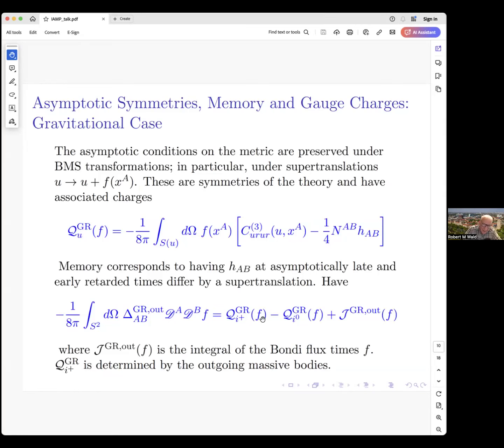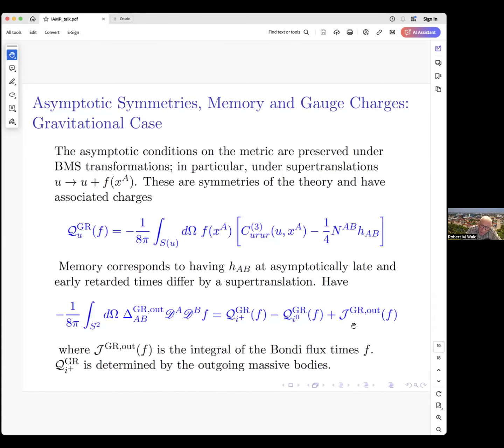the super translation charges at late times, which again are determined by the massive outgoing particles, minus the super translation charges at spatial infinity, is given by a formula that involves the gravitational memory and the flux now of energy that goes out to infinity.